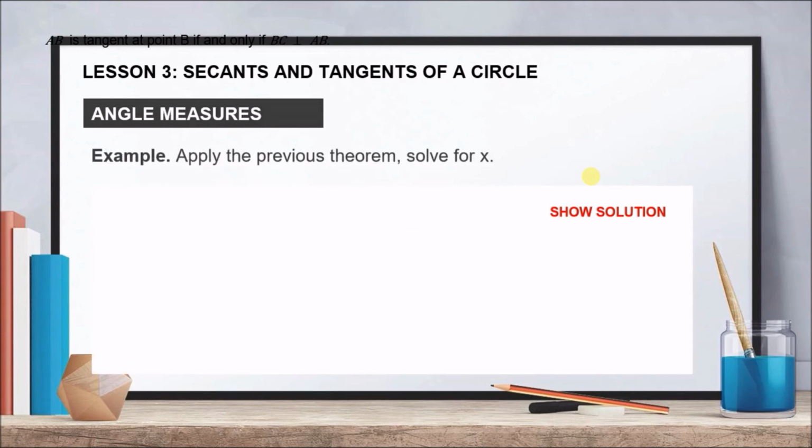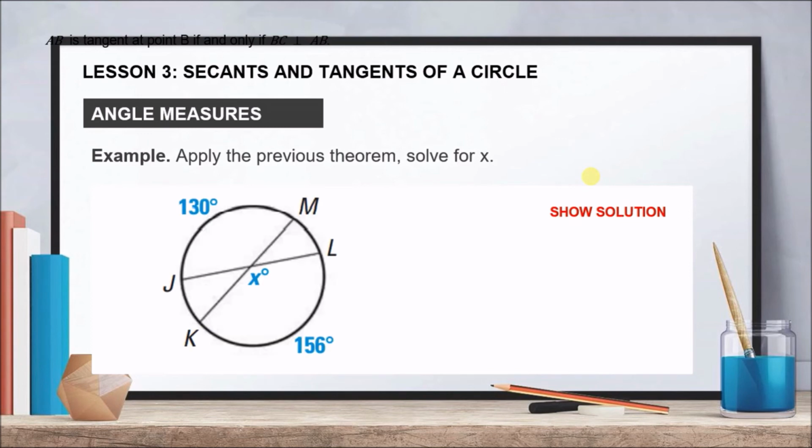Applying our previous theorem, we are going to solve for the x here. So once again, this is the angle formed by our two intersecting chords. Kukunin natin ito by solving for that x. Ang gagawin lang natin is get the half of the arcs involved that formed that certain angle, which are 130 plus 156.